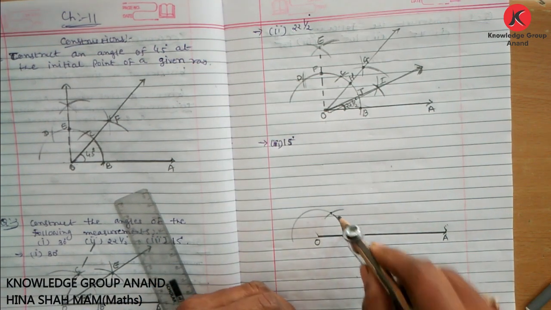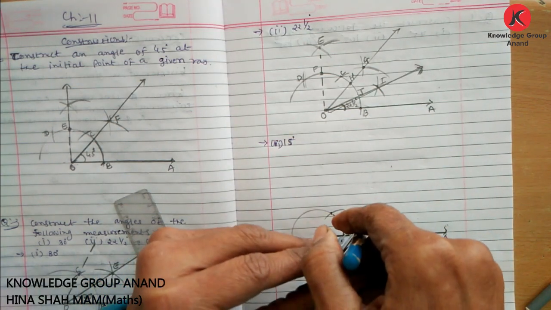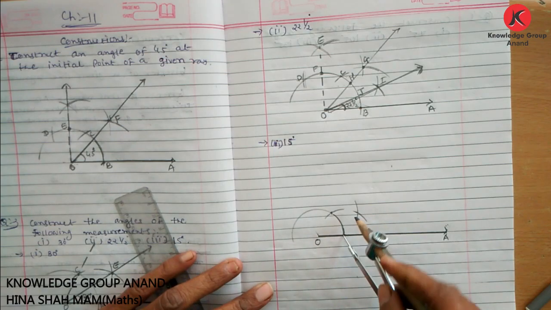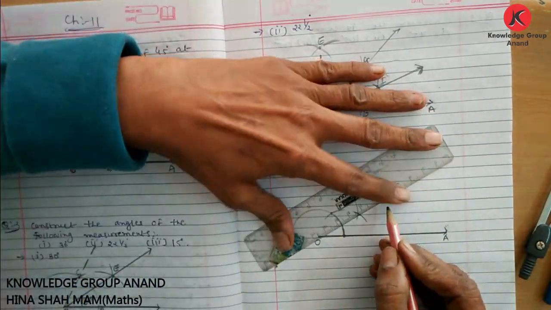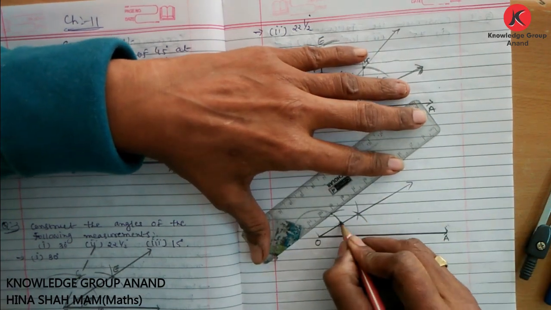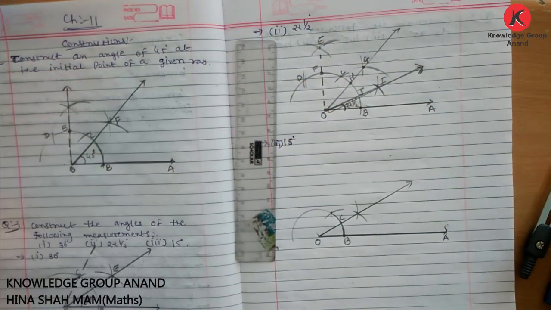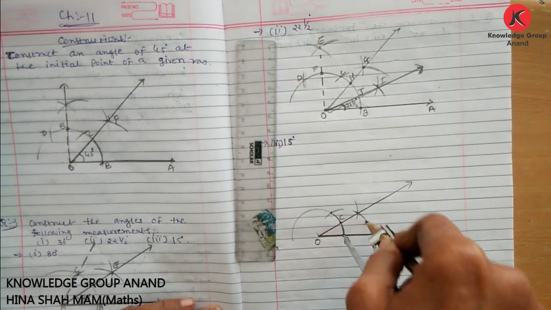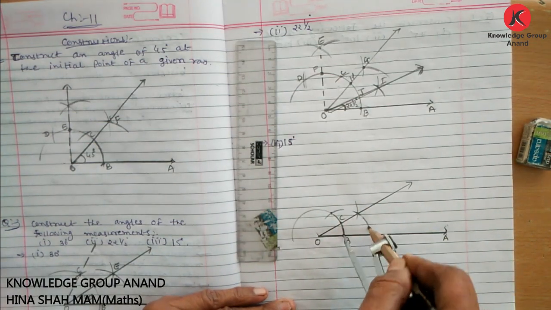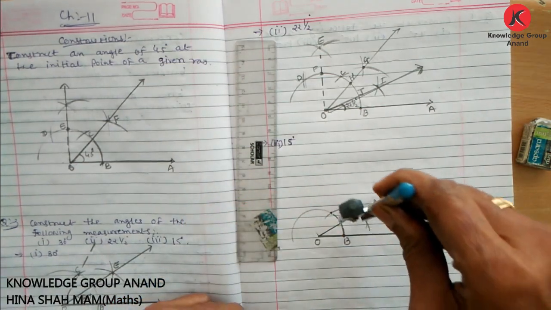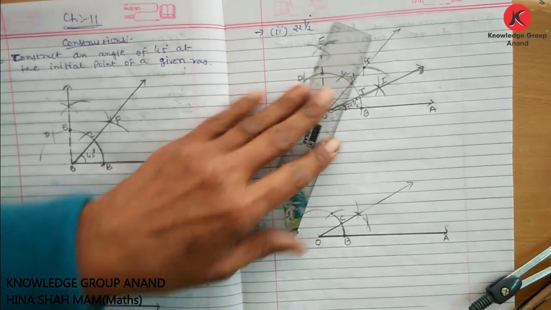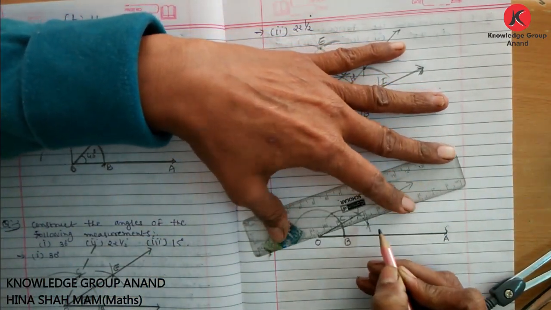Now half of 60, we draw the angle of this 30 degrees, which intersects at a point we name C. Now half of BC, join this point.